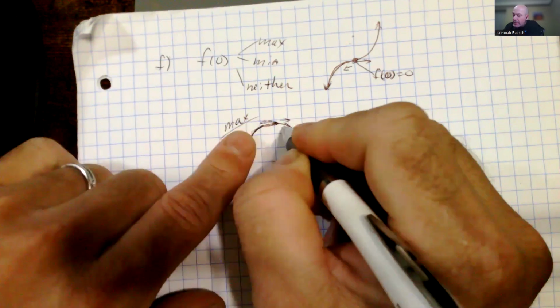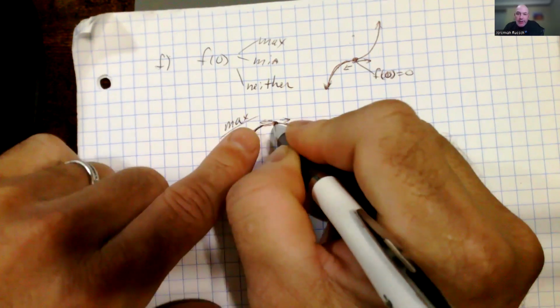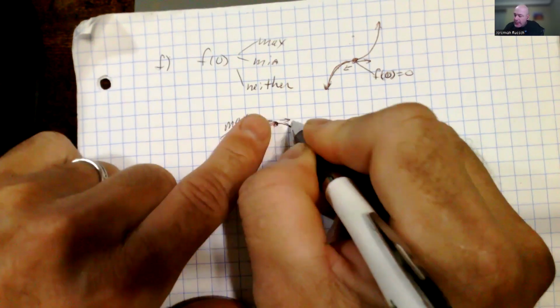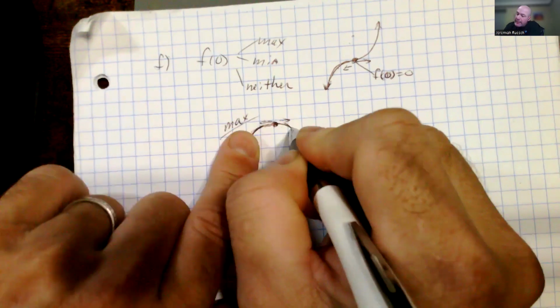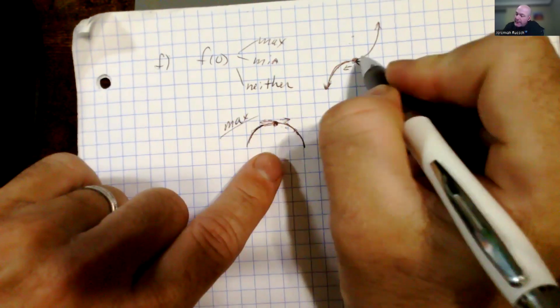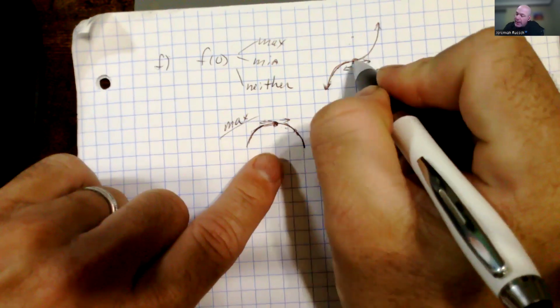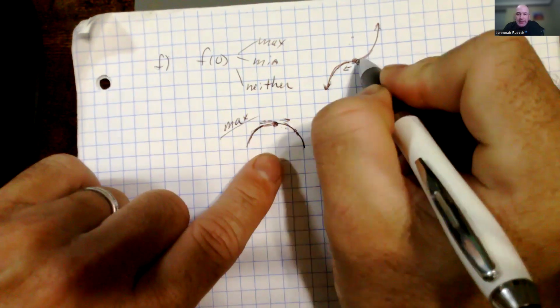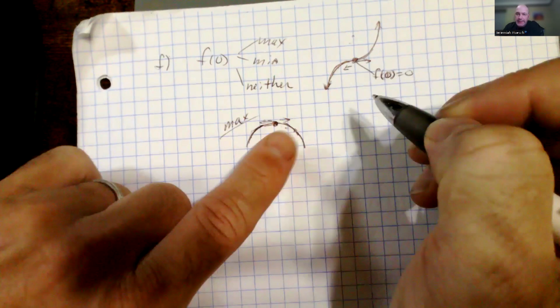At the top of the mountain, the highest peak, if you step to the left or to the right, your y values would be decreasing. And if you look here, it's decreasing to the left, but not decreasing to the right. So that means it is not a local max.